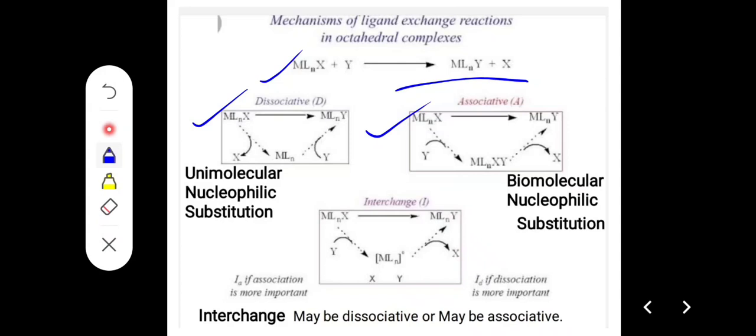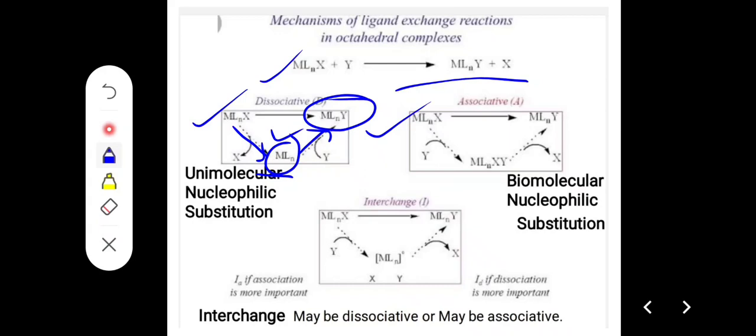Now MLnX, X is removed, so we get MLn. Y is added, we get MLnY. As the MLn intermediate is produced due to the leaving of X, and does not depend on the concentration of the incoming nucleophile, we can say it is unimolecular nucleophilic substitution reaction.